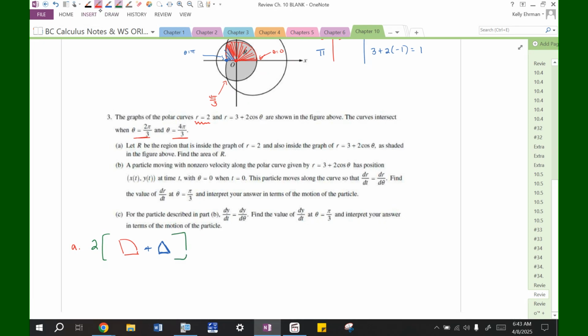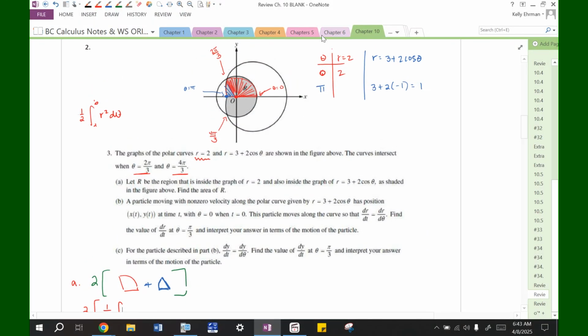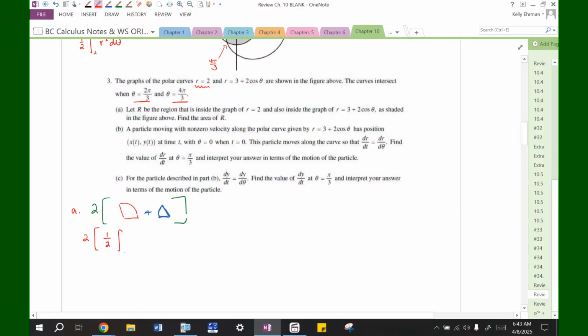All right, and then the formula is, so that's 2 times, remember the formula in general for area is 1/2 integral from a to b of r squared d theta. Okay, so 1/2 the integral. The red circle portion goes from 0 to 2 pi over 3.